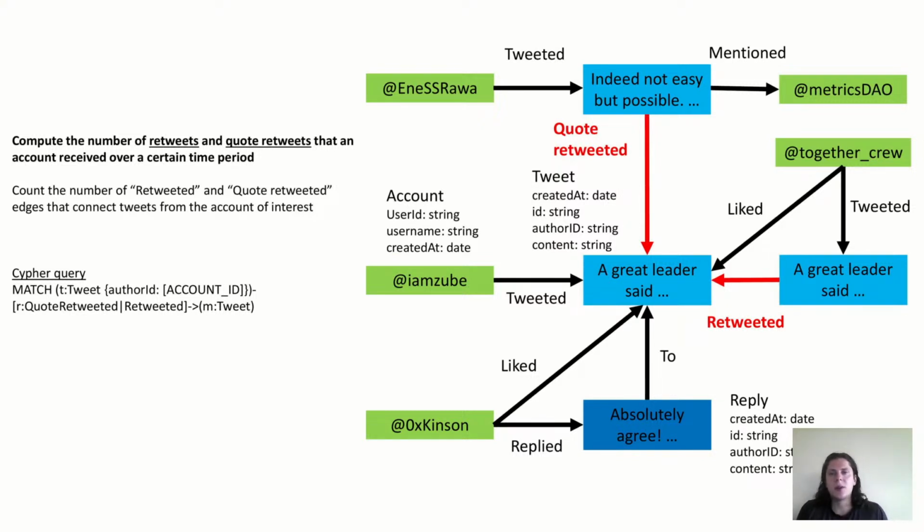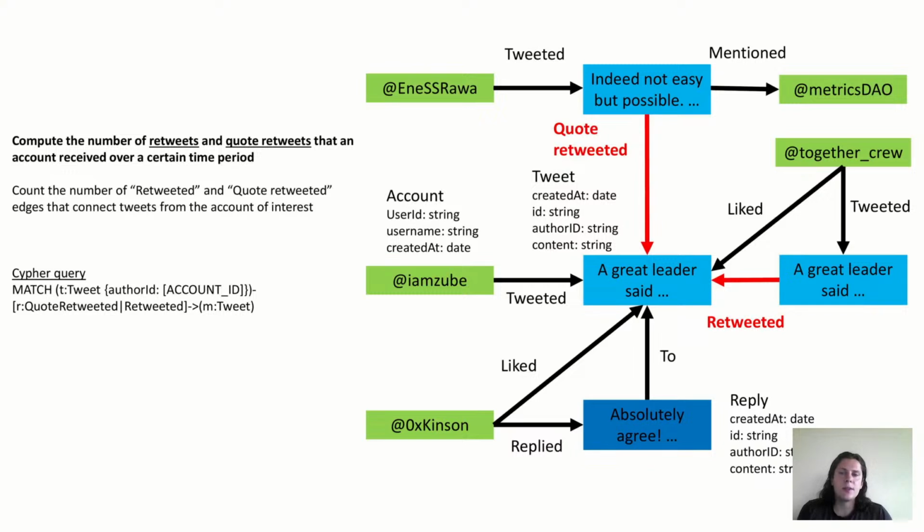In this case, the account ID in caps is where you put the identifier that corresponds to the account you're interested in, so that you're only looking at tweets from that account. So in this example, if we're interested in the tweets from I am Zube, we filter for that ID only, and we don't worry about other tweets that other accounts might send. So that's what you see in the first line.